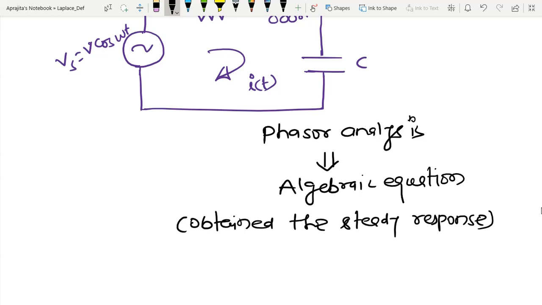Using KVL or KCL, I am going to model this kind of circuit by a differential equation, and whatever the solution of the obtained differential equation, that I am going to interpret as the response or behavior of the circuit.